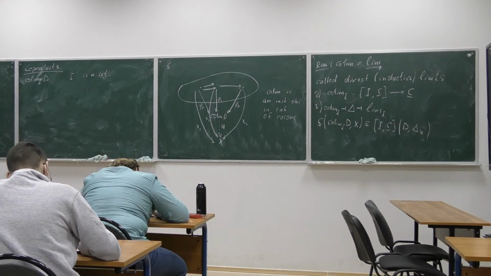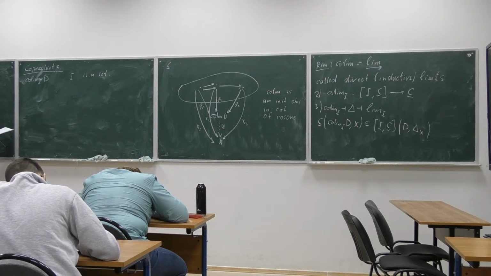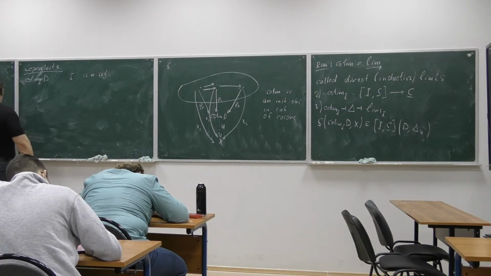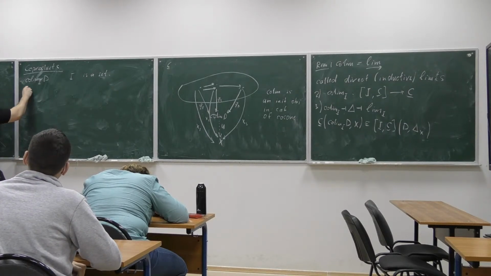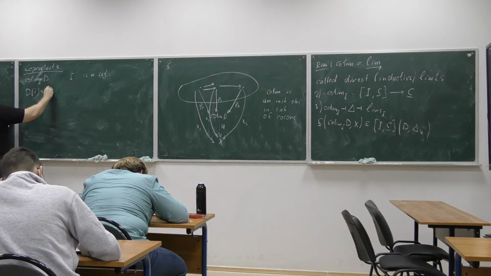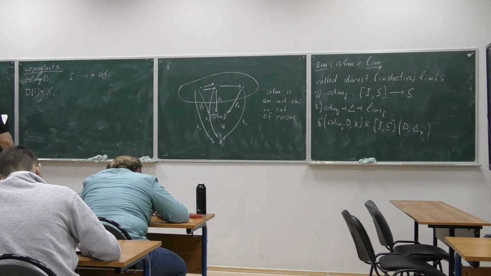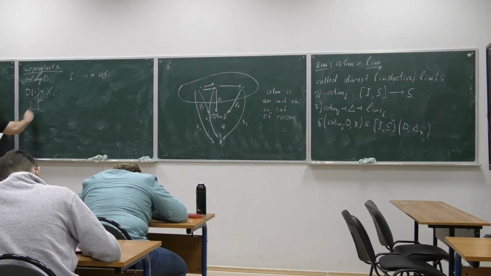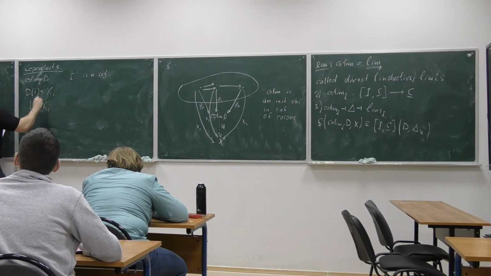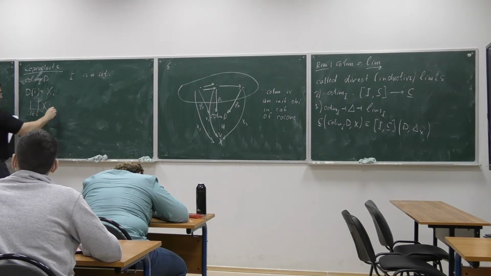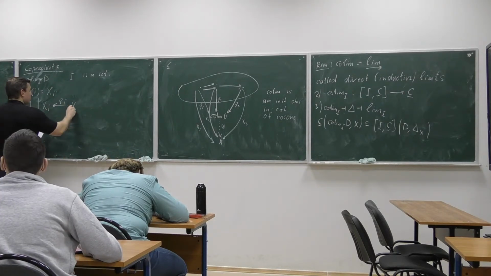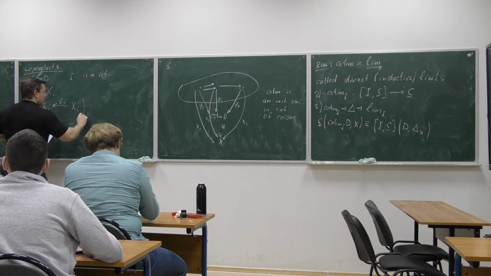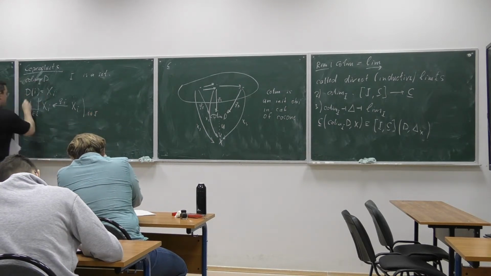That would be a binary coproduct. So if this is a set, then if I say that d of i is equal, say, to the xi, the notation is this, as for disjoint union. And we have coprojections qi from all objects, i in I.